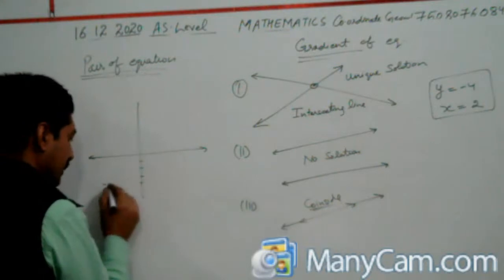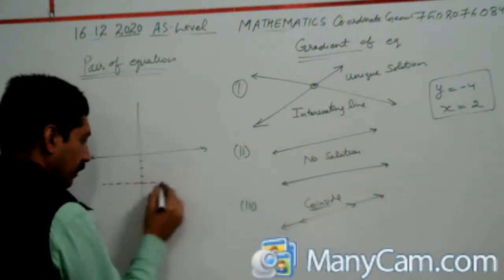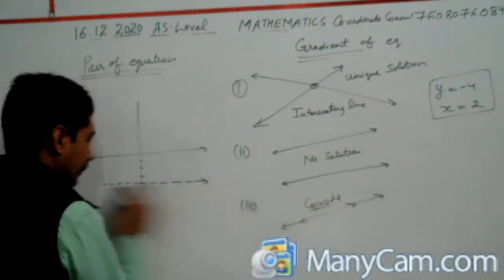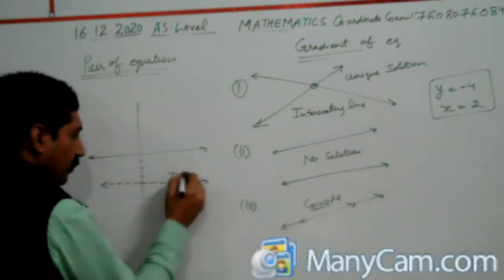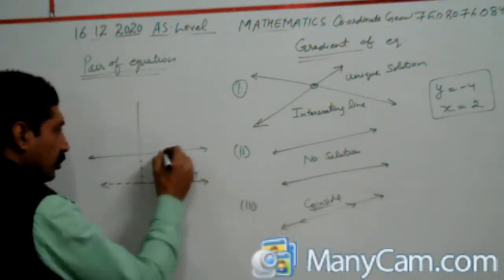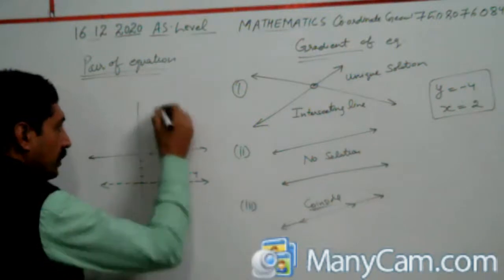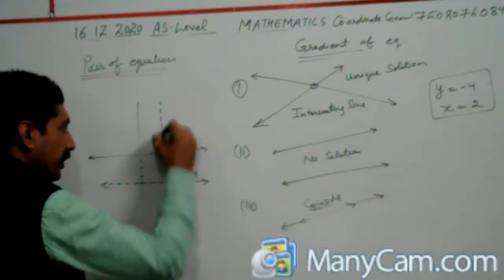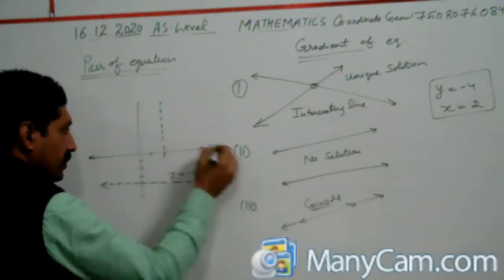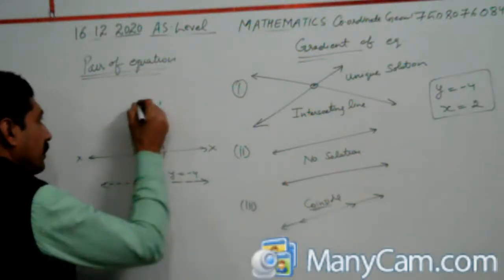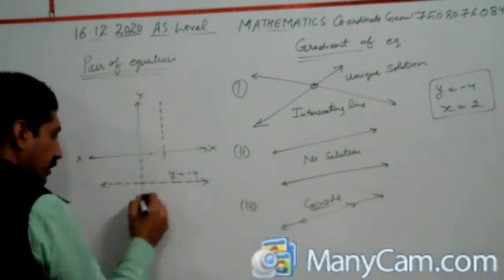This one is the dotted line here, right? This is y is equal to minus 4. And x is equal to 2, 1, 2. This is x is equal to 2 here. This is your x-axis. This is your y-axis, right?